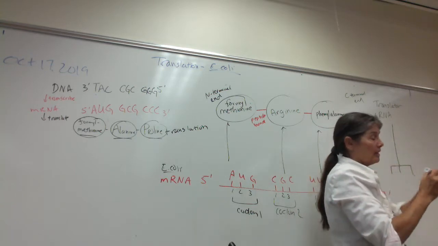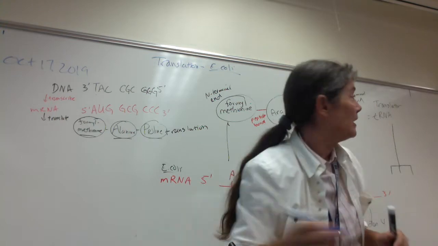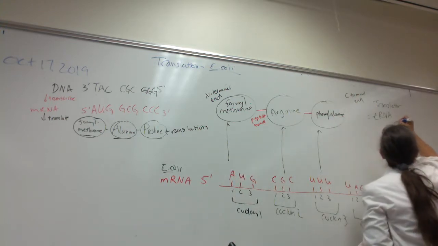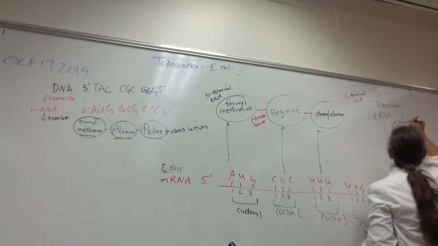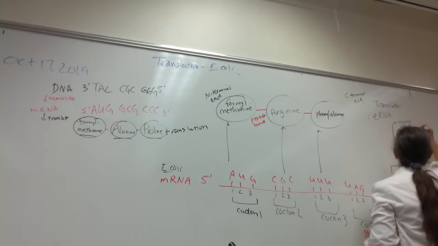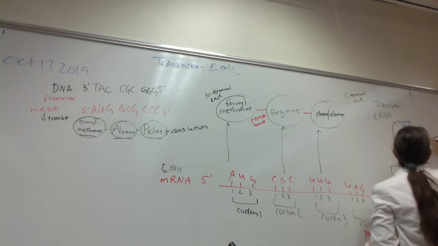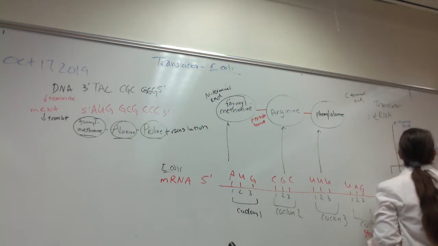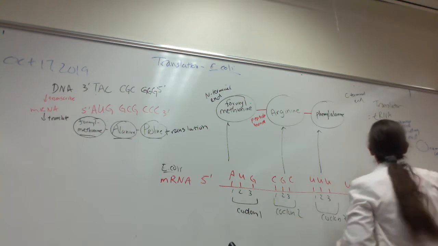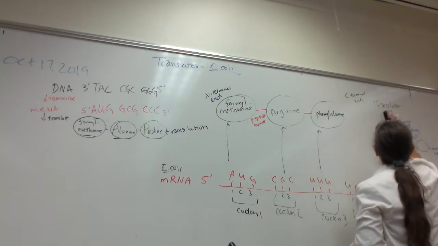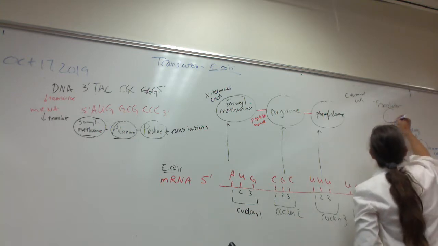So this end is going to be the amino acid binding end. And I'll just use a circle, you guys, as an amino acid. So I'll just put a circle up here to represent some generic amino acid. Okay. So here's my amino acid.